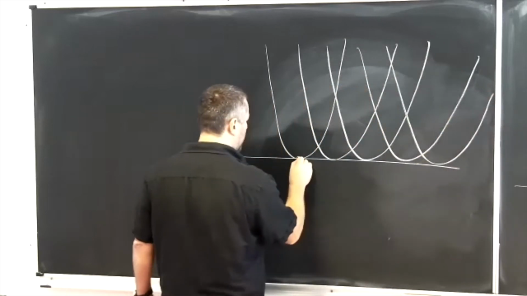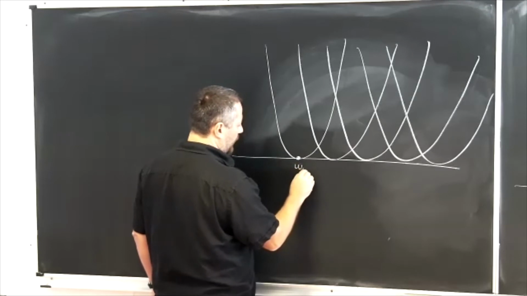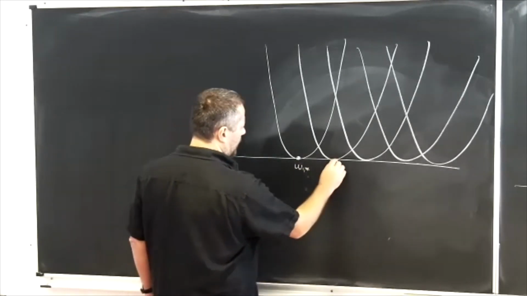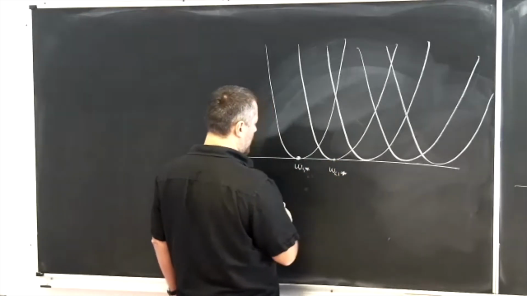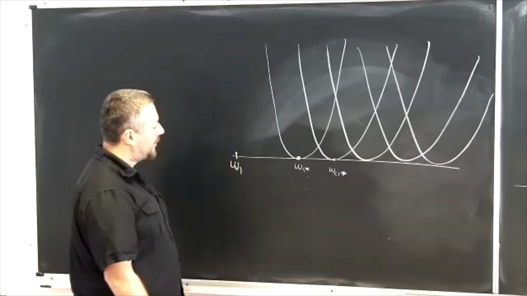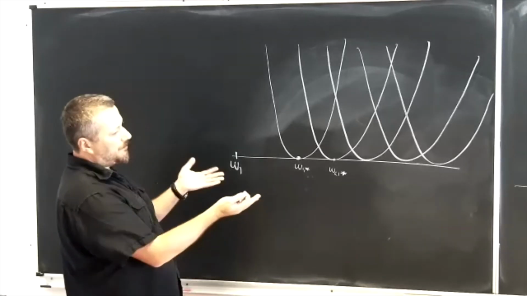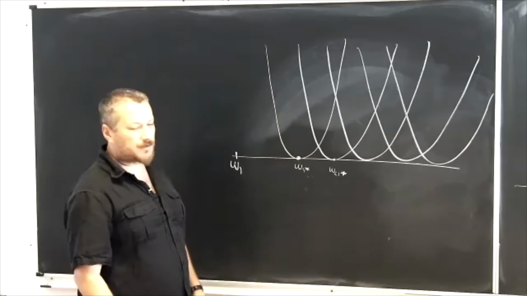Each of these has a minimum, let's say omega 1 star, and this is omega 2 star. Then we start with an initial point omega 1, and we want to find the minimum of the average of all of these functions.